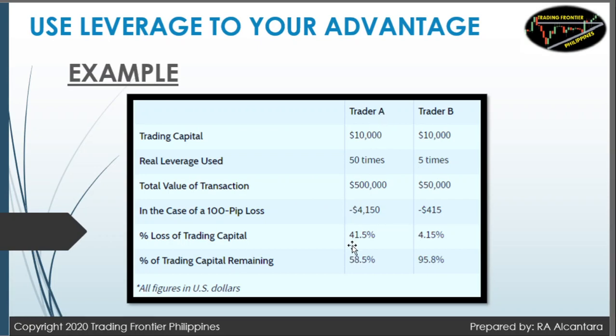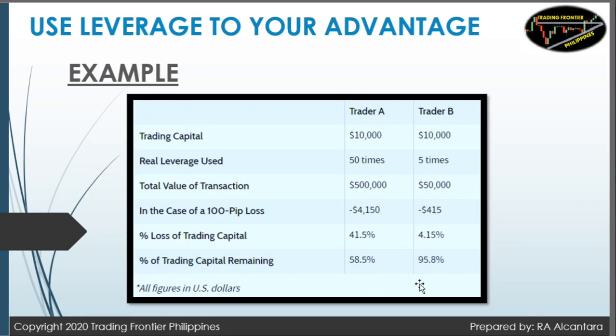now trader A can only take trades with a margin balance of only 58.5%, meaning only a few trades he or she can do with this balance of trading capital.